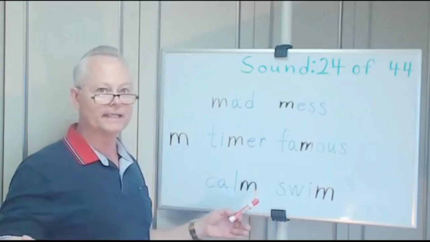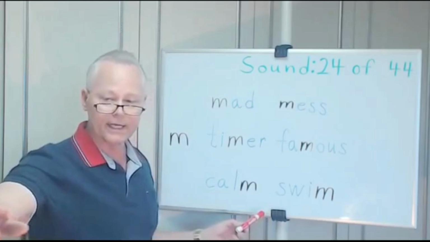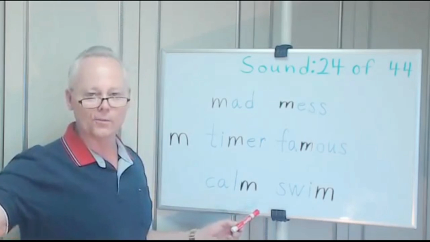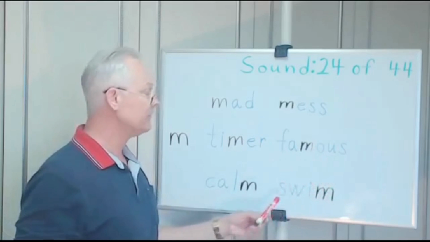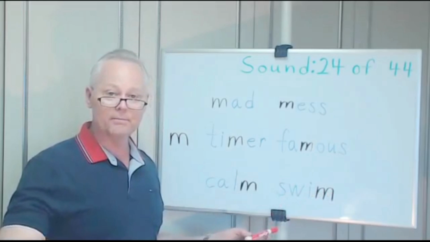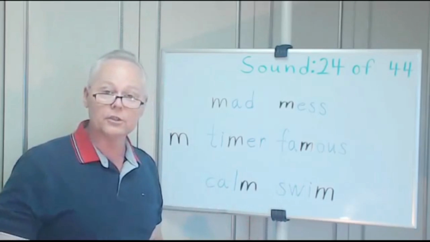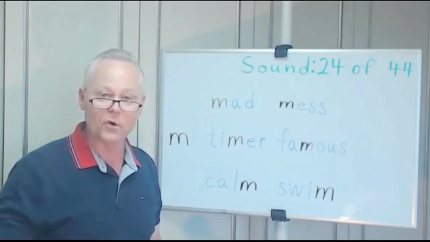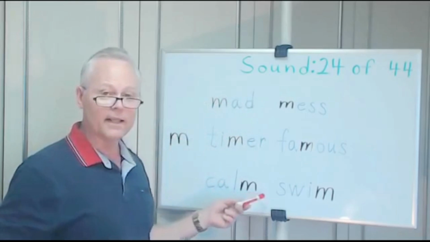You don't have a lot of anxiety. Perhaps you wake up in the morning and you look out on the lake and the water's very calm because there's no wind. Swim. Okay, do you like to swim? Perhaps you want to dive into that calm lake and do some swimming in the morning. That concludes this lesson.